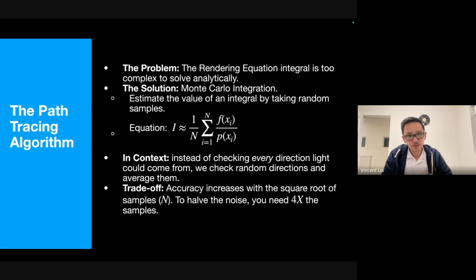We do the sum of the integral by taking random samples, but we divide them later by 1 over the number of samples that we have here. So this is the equation using the sampling technique for the Monte Carlo integration. If you want to calculate the light from every single direction, that would be very, very expensive.